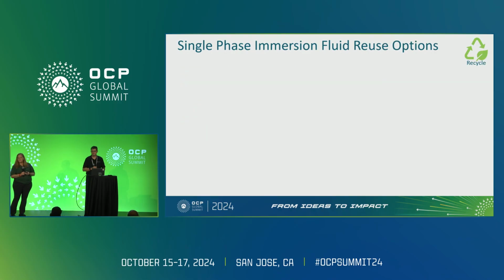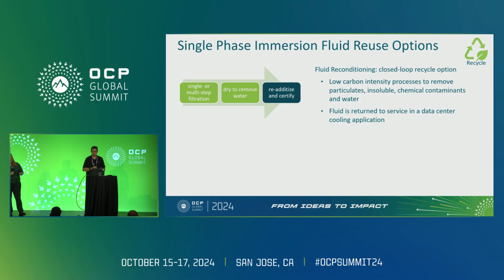recondition the fluid. So a more desirable option would be to find a way to reuse those single-phase immersion fluids. There are essentially two broad options available to us, and as a community, we need to determine if these are truly viable options. The first would be fluid reconditioning, which would be a closed-loop recycling option.